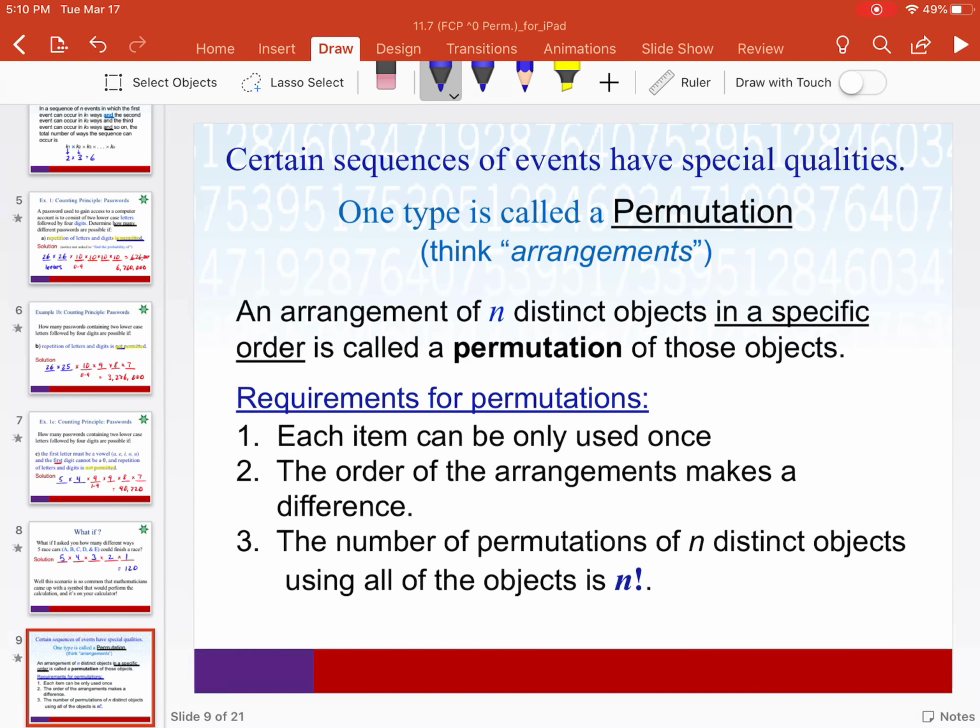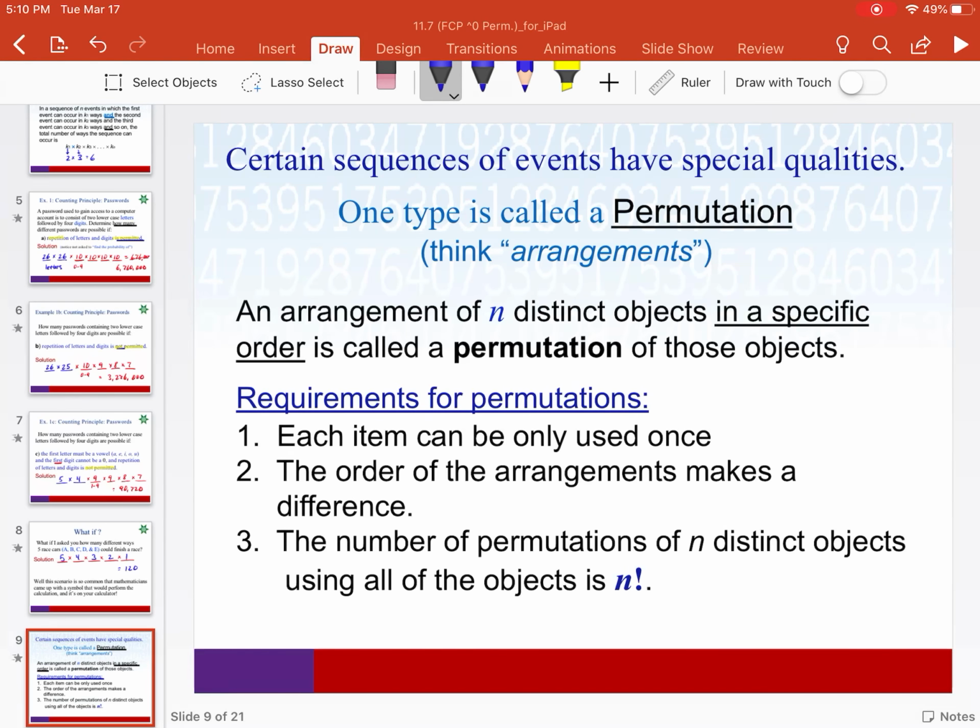You can't have the same car finish first and second, right? The order of the arrangements makes a difference. It would be a different race. If the cars finish in a different order, then it would be a different outcome. That's all that means.